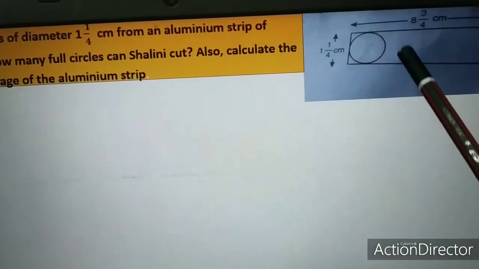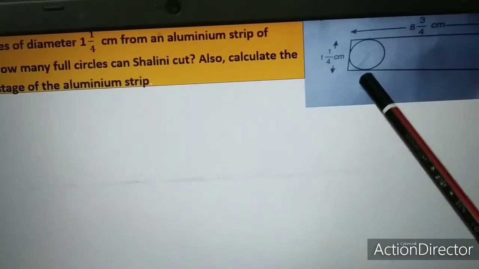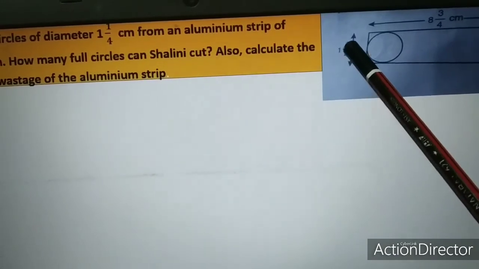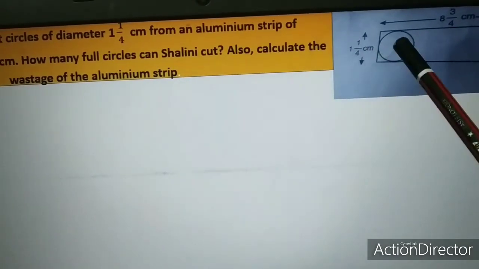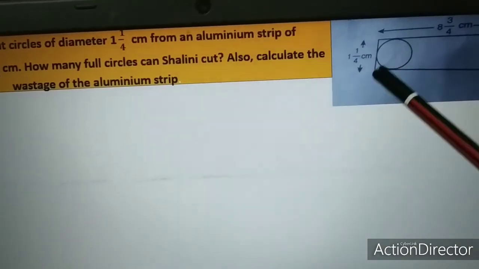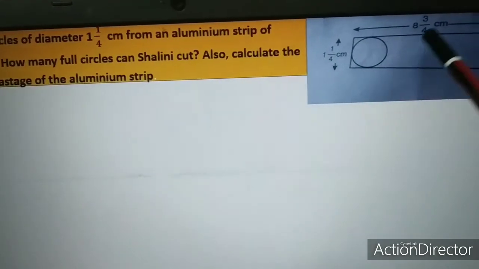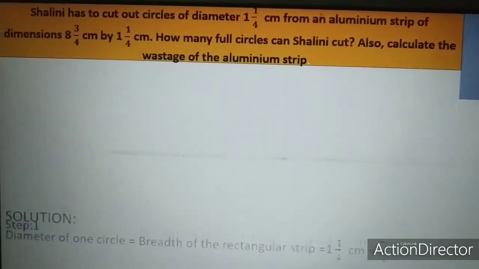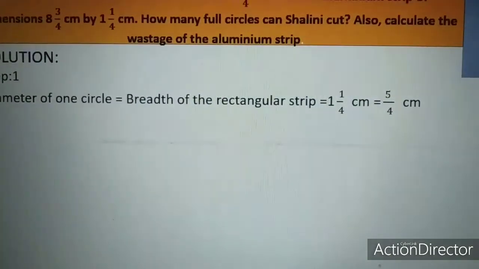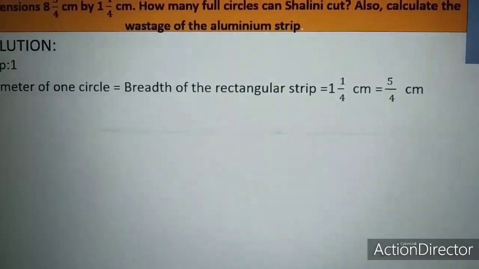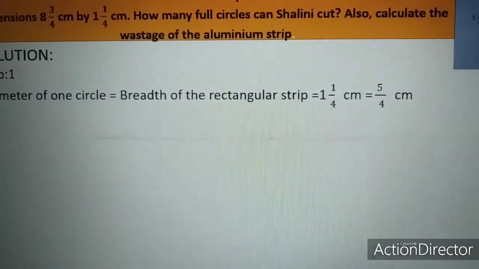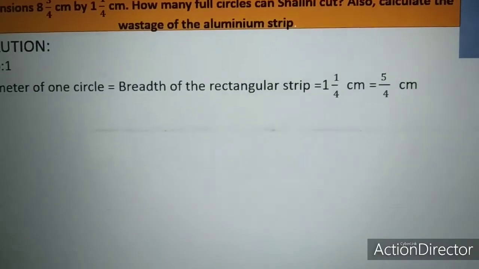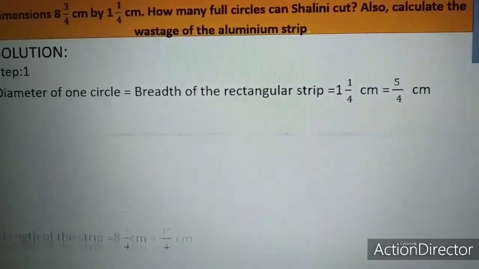From this figure you can observe the diameter of the circle will be the breadth of this rectangle, which is nothing but 1/4 centimeter. So first we can find the number of circles by dividing the length of the strip by it. So first you write: diameter of one circle will be equal to the breadth of the rectangular strip, which is equal to 1/4 centimeter, which will be equal to 5/4 centimeter.